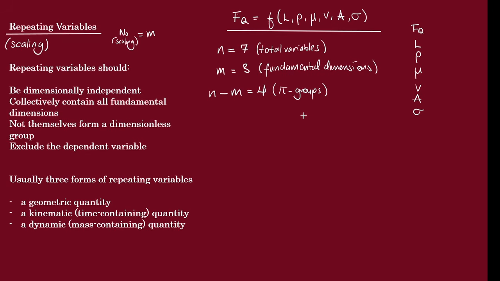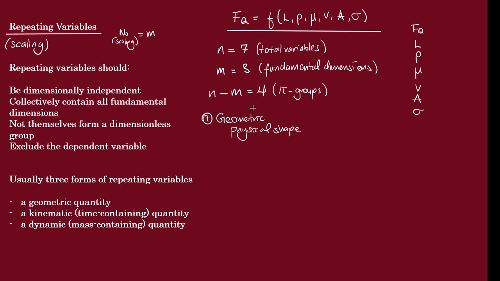Okay, so the first pi group, first type of repeating variable, is a geometric quantity. So geometric quantities describe the physical shape or the boundary of your fluid problem.